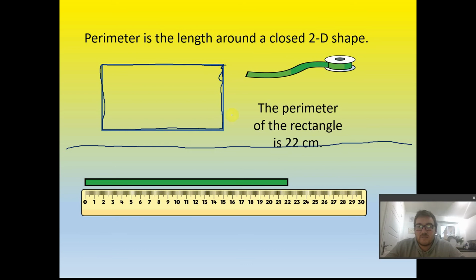So 1 centimeter equals 10 millimeters. So if we have to convert from centimeters to millimeters, we need to times by 10. That means we need to times 22 by 10.